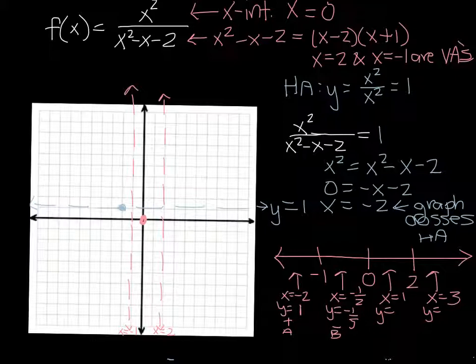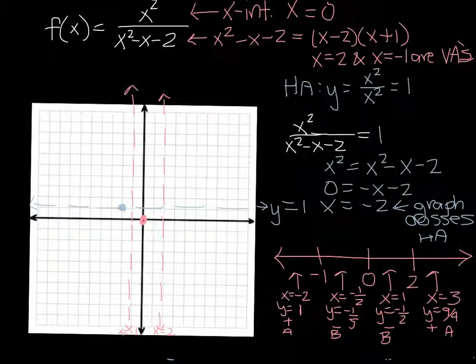When x is equal to 1, y is equal to -1/2, which is negative, so it's going to be below the x-axis. And then finally, when x is equal to 3, y is equal to positive 9/4, which means it's positive, so it's above the x-axis.